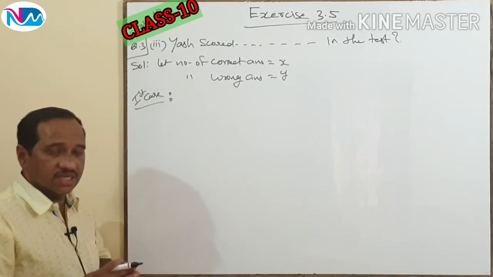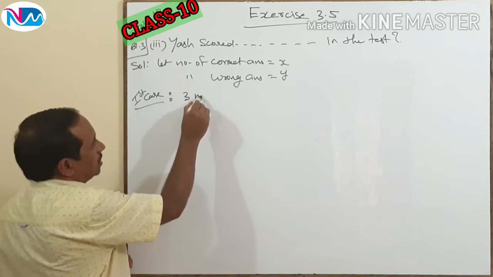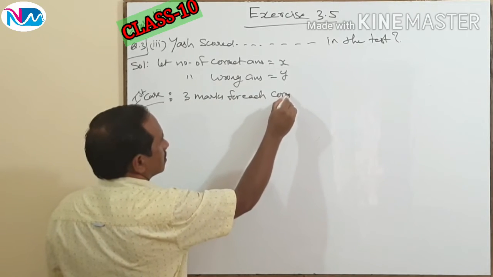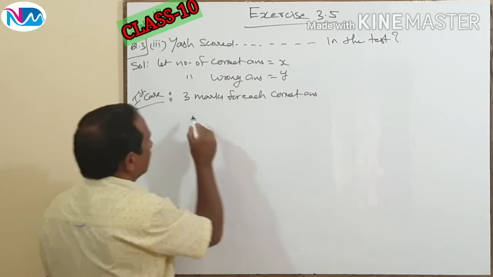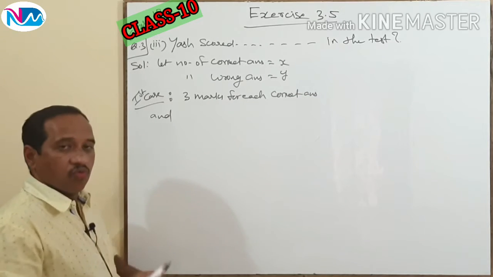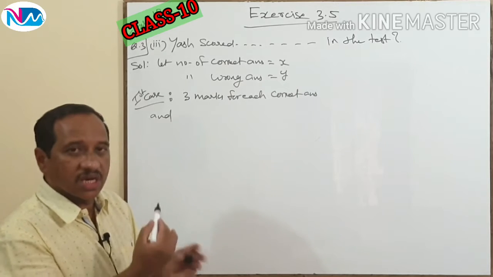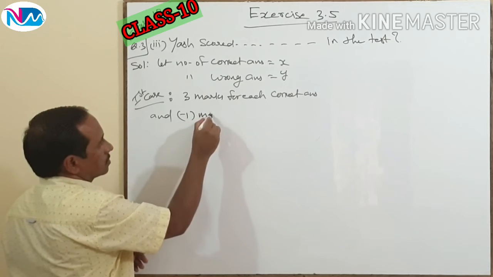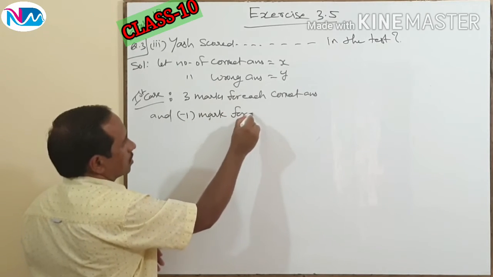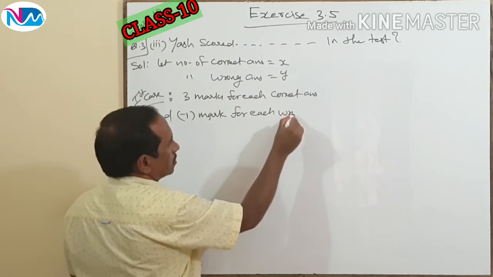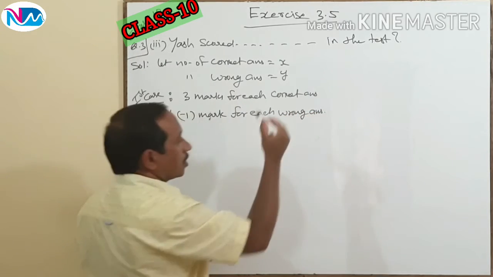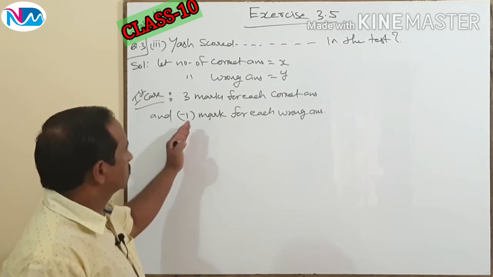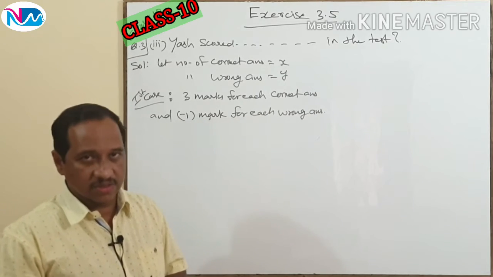So, under the first case, we will write 3 marks for each correct answer and -1 mark for each wrong answer.